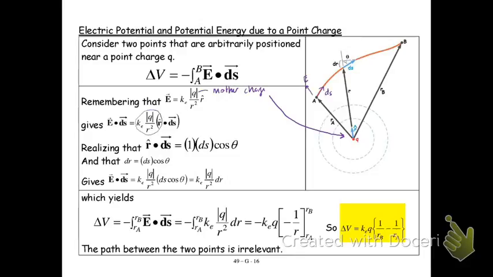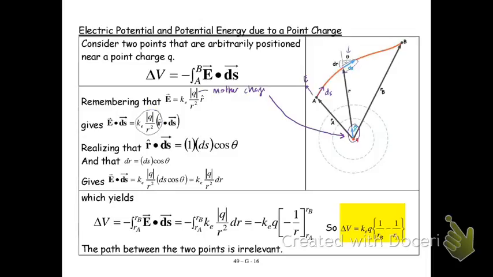The unit vector R is there, and I'm going to dot it with that guy there. Well, my unit vector, by definition, has a magnitude of 1, and my ds is a length of ds, and the angle between them is theta. So it's 1 times ds times the cosine of theta.